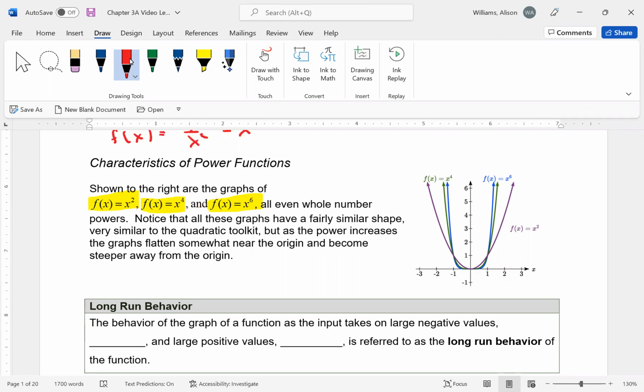So that would mean that f of x would be taking on positive values.